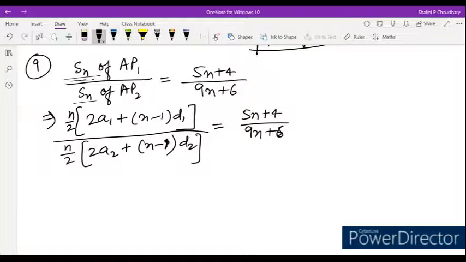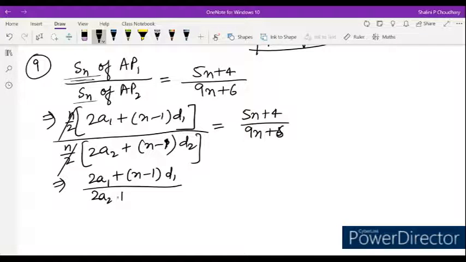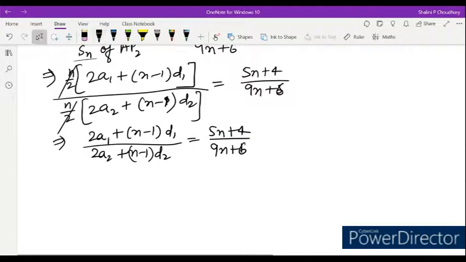Okay, now what we have to do, we cancelled n upon 2, so the value we are getting is 2A1 plus n minus 1 D1 upon 2A2 plus n minus 1 D2 is equal to 5n plus 4 upon 9n plus 6. Just take it as equation 1.